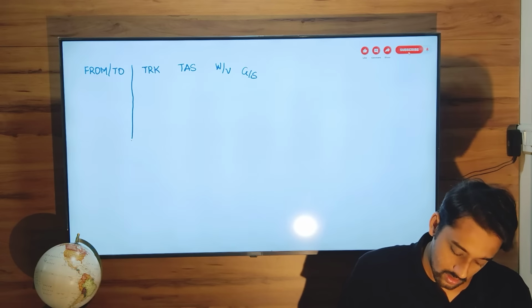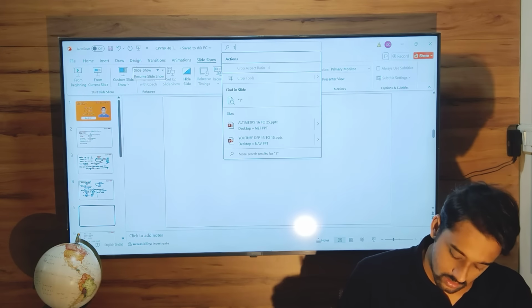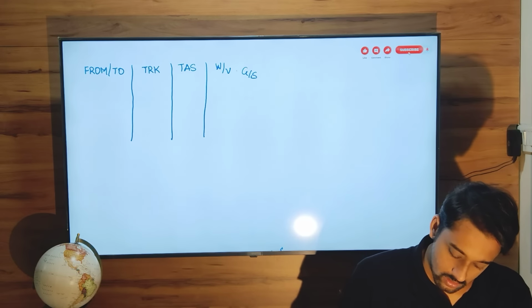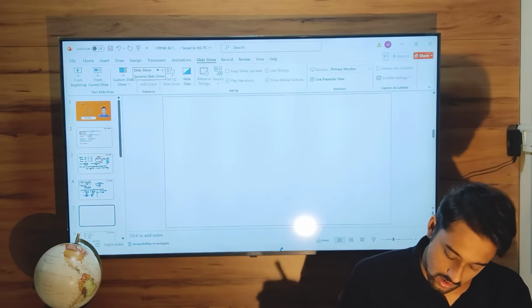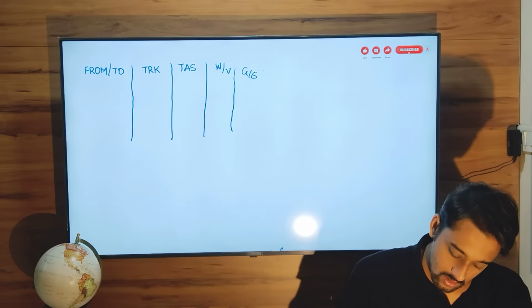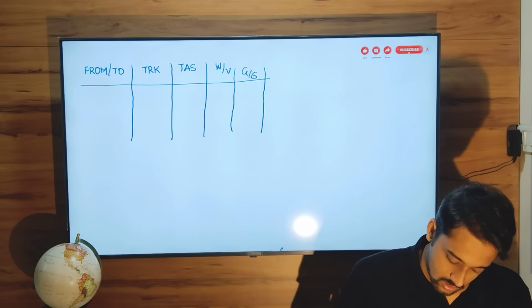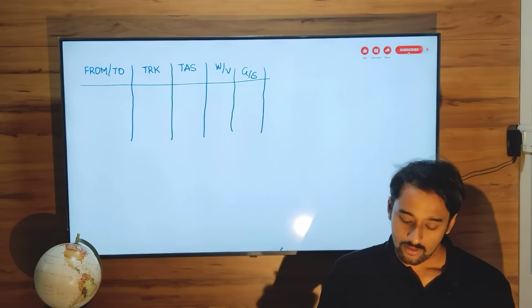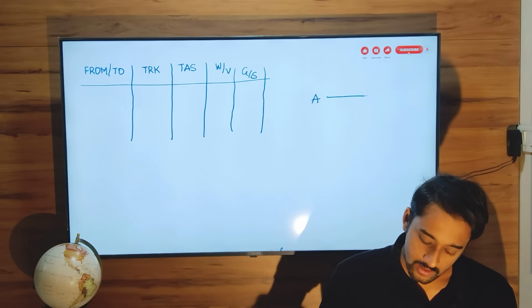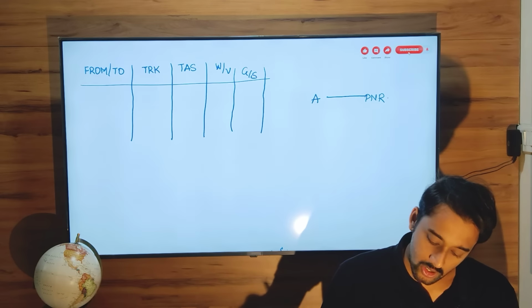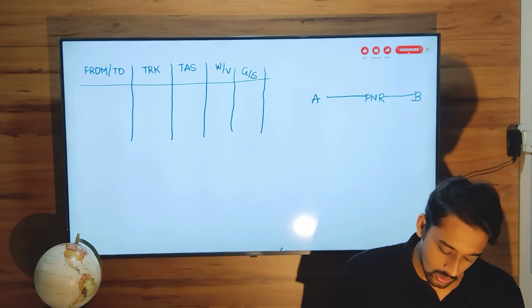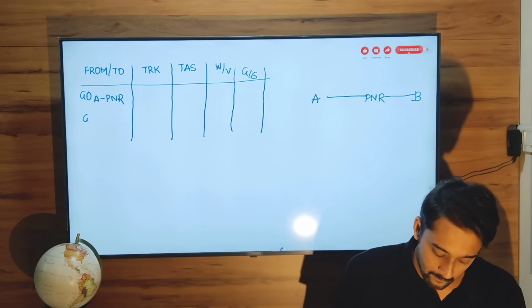Okay. So always we go from A to PNR, PNR to B, and then come back. So ground speed outbound from A to PNR, ground speed homebound PNR to A.